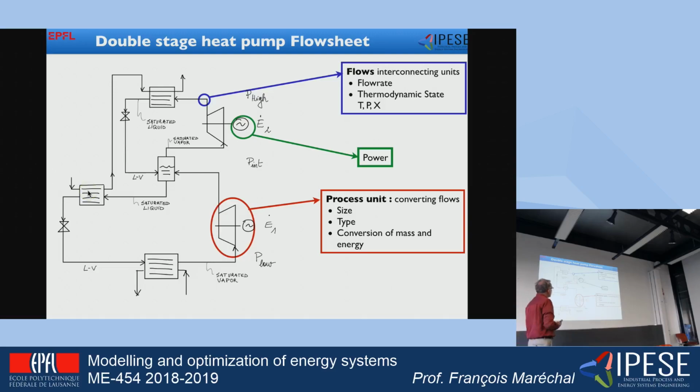And what is represented in a flow sheet is, on the one hand, the process units, so the equipments that are used, and the way they are interconnected, so that I will know that the fluid that is coming here is going to cross this heat exchanger, will come here, will change its state, then enter into a compressor, go into another state, receive another flow, which is here the mechanical power, it is another type of flow, so not material flow, but an energy flow, that will then change the state.